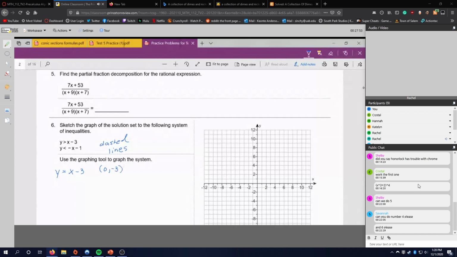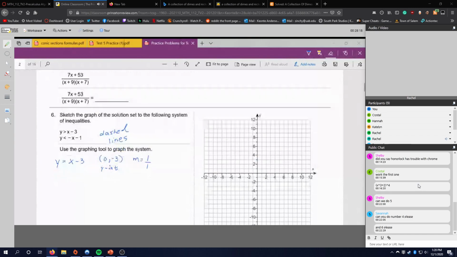So 0, -3 is the y-intercept. This is slope-intercept form. And the slope is 1, so I would put 1/1. So I'm going to go ahead and graph that line. Let me put it in the right place. So I'm going to graph it at 0, -3.